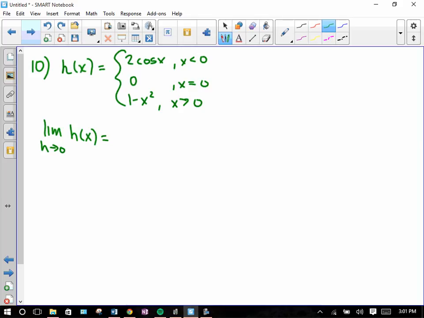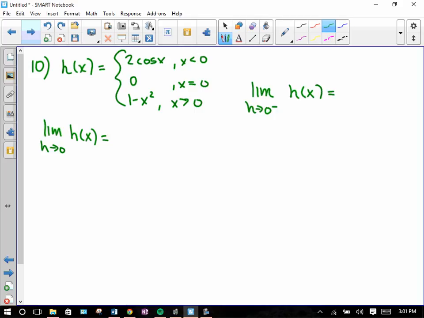They must be equal. So the limit on the left hand side and the limit on the right hand side need to be equal in order for this limit to exist. So I would look at the limit as x approaches 0 from the left of h of x.